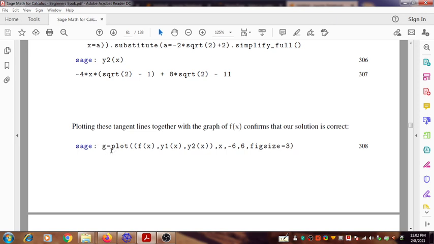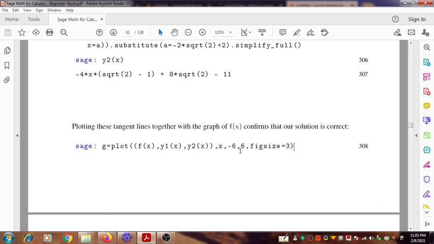G equal to plot of, and then first function fx, comma, second function y1x, comma, then the third function, then close all the open brackets properly, and then put the commas, and then x comma minus 6 and 6.